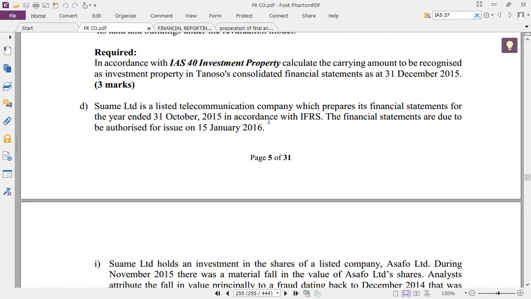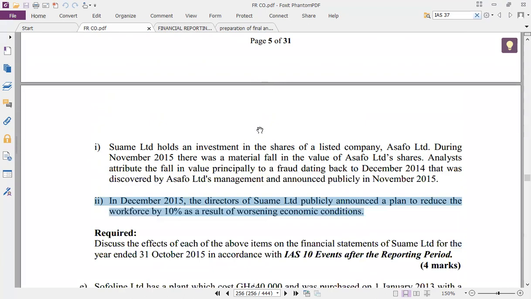D, so an unlimited telecommunication company prepared financial statements for the year ended 31st October 2015. If it's end of October, from the third month going, October, November, December, January, from January going, they can publish their account. The financial statements are due to be authorized for issue on 15th of January 2016. Now what happened is this.